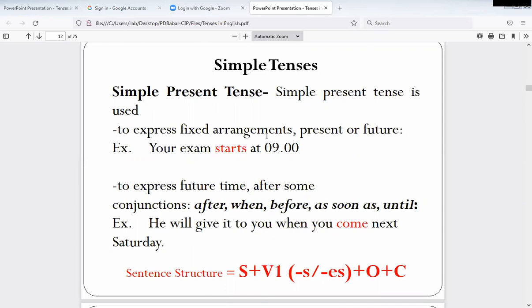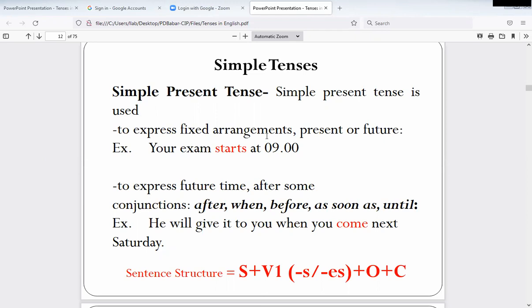Okay, or 3 o'clock. And also it is used to express future time after some conjunctions. So after, when, before, as soon as, until, these are the conjunctions. And the simple present tense is used after these for future time. Let us see an example.